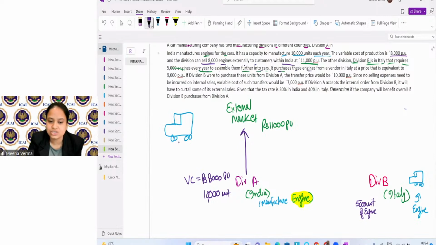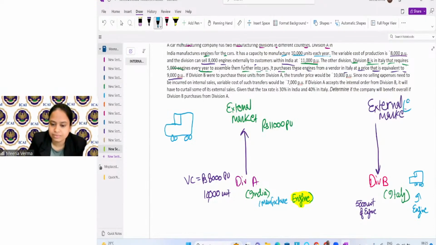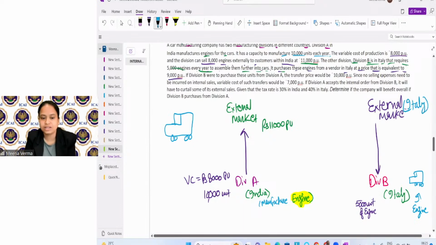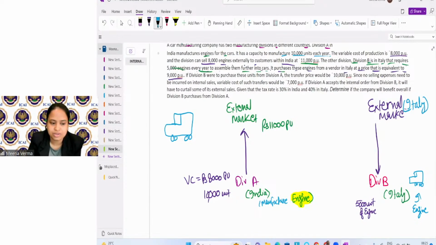It purchases these engines from a vendor in Italy at a price that is equivalent to rupees 9,000 per unit.